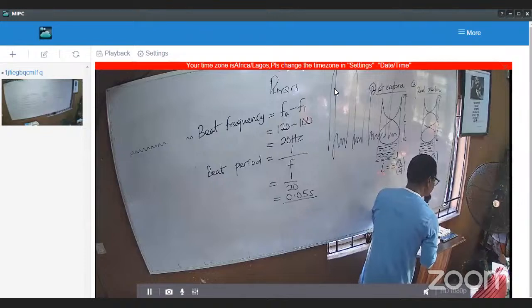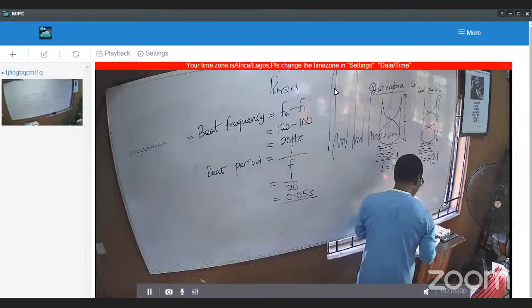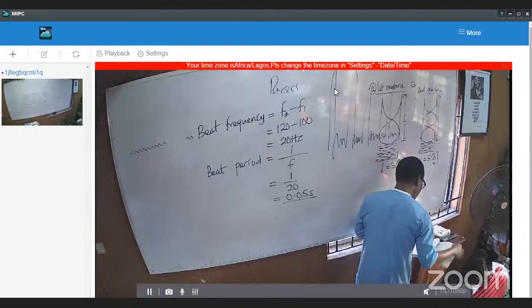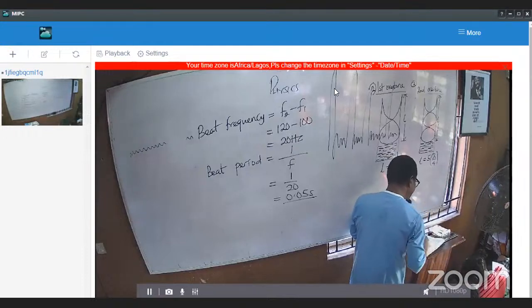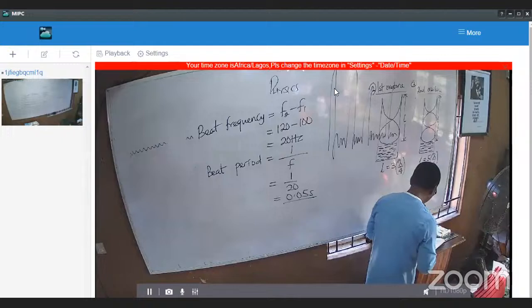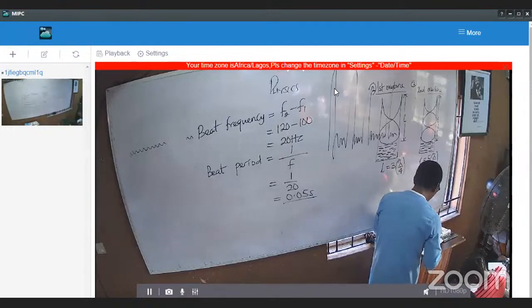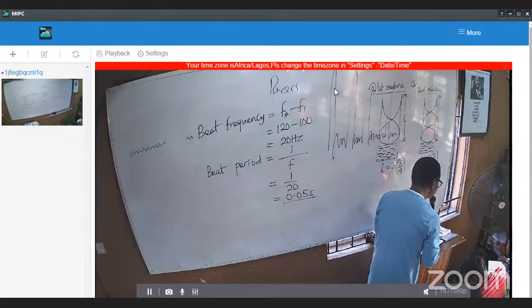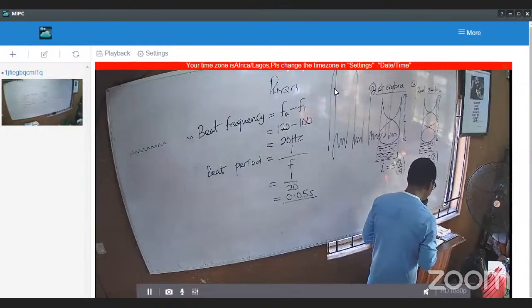Full stop. When the frequency is changed to 400 hertz, what will be the new tension?